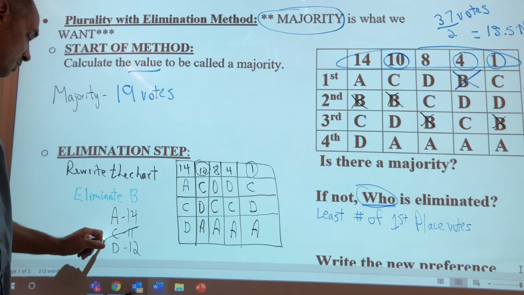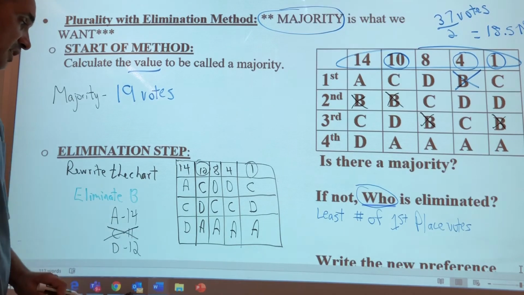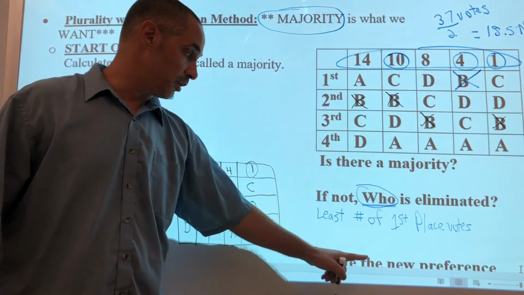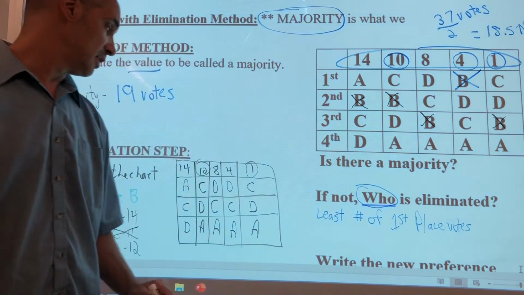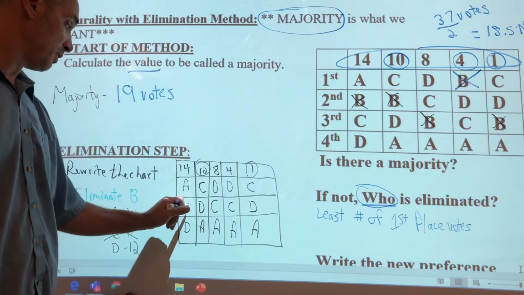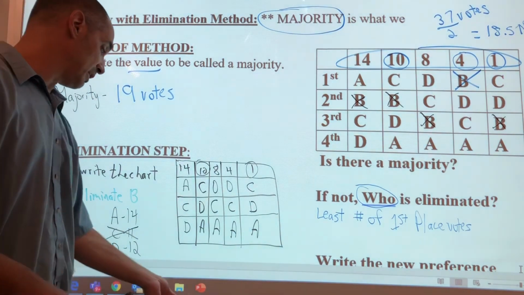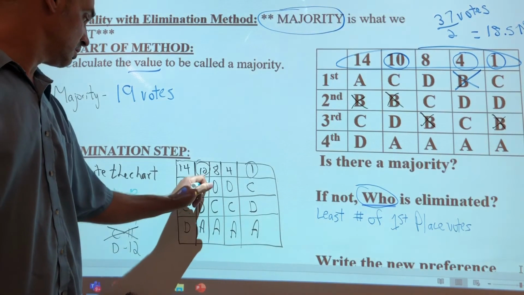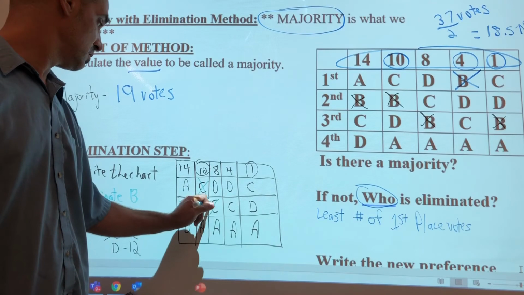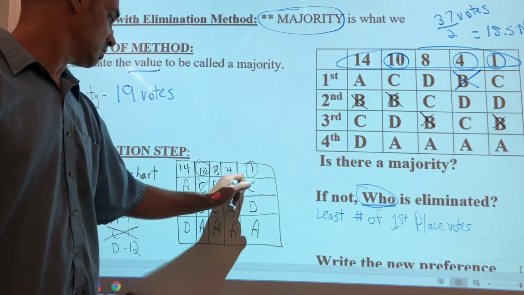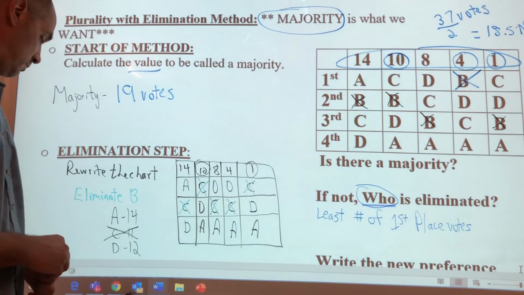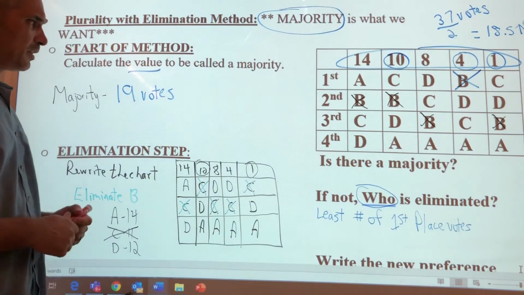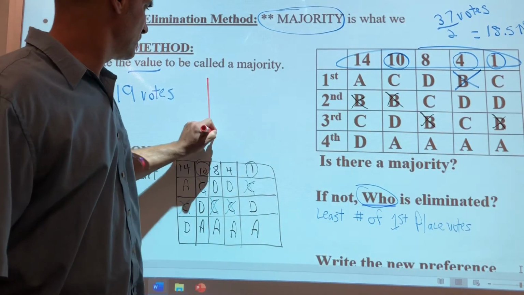So I'm going to eliminate C, and that means write the new preference table. So I'm going to rewrite this new preference table, and this time I'm going to eliminate C. This preference table I'll write right here.